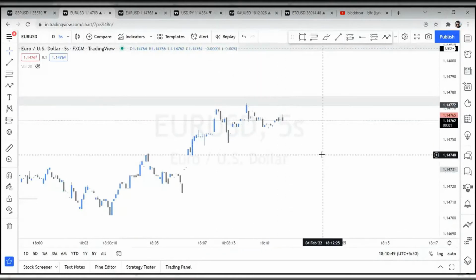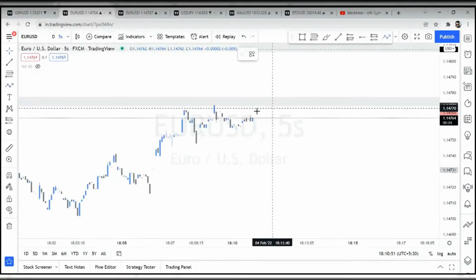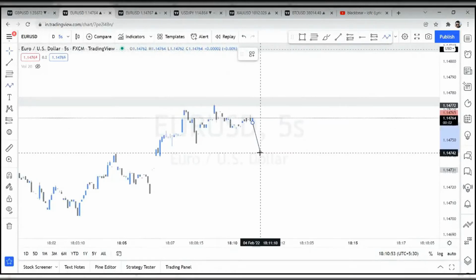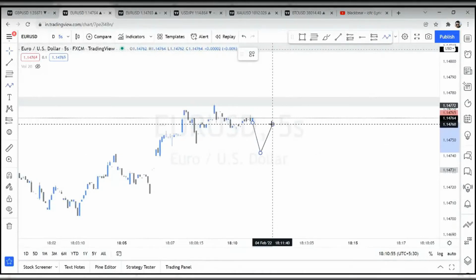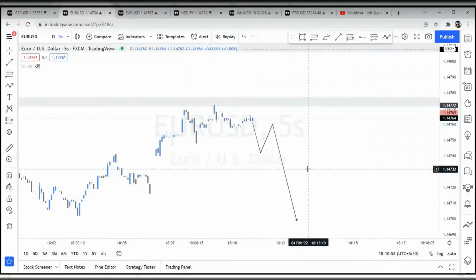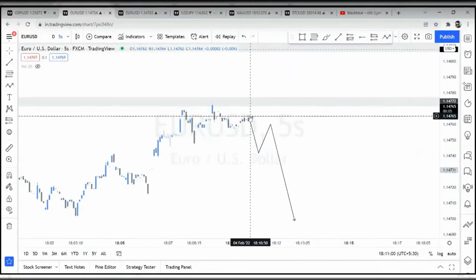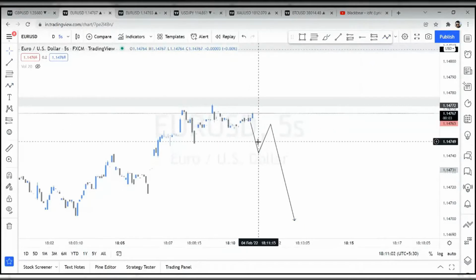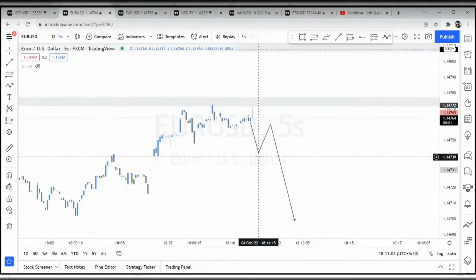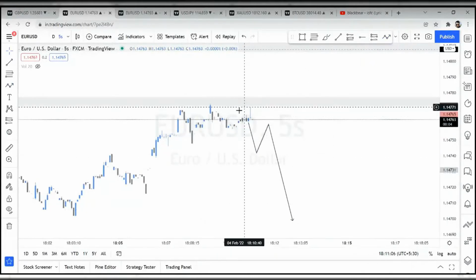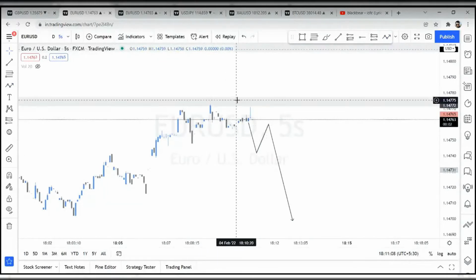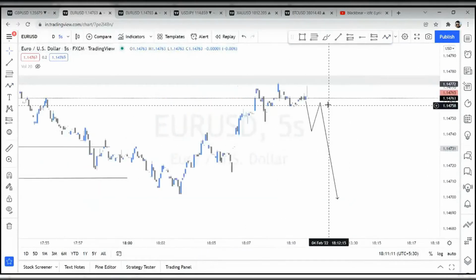If this price does break something like this, and then maybe we can look for sale here. If price breaks these lows here before moving above this area, otherwise we won't be involving on this.